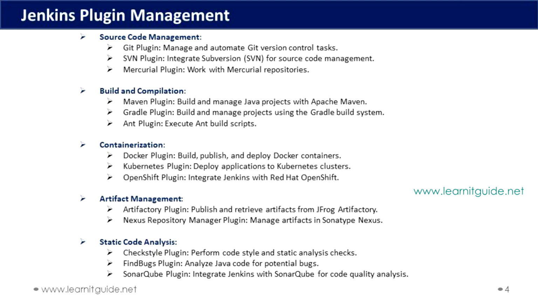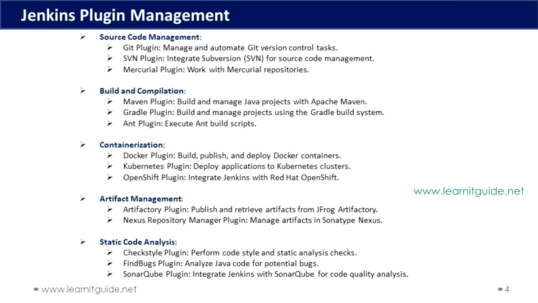These plugins will help you perform specific tasks like fetching the changes from your remote repository, and based on that, you can perform some tasks. And for build and compilation, we have Maven, Gradle, and for containerization, we have a set of plugins: Docker plugin, Kubernetes plugin, OpenShift plugin. You can choose any of these plugins if you have a containerized environment to perform the task.